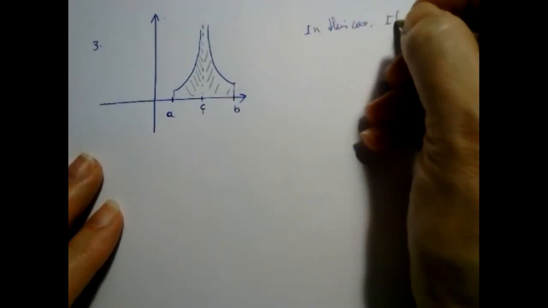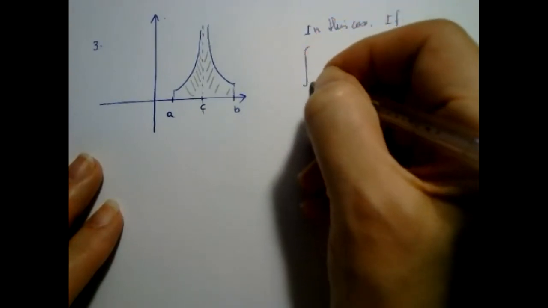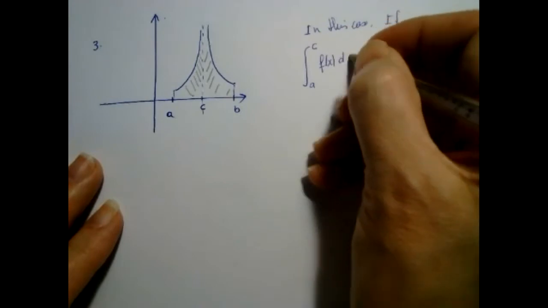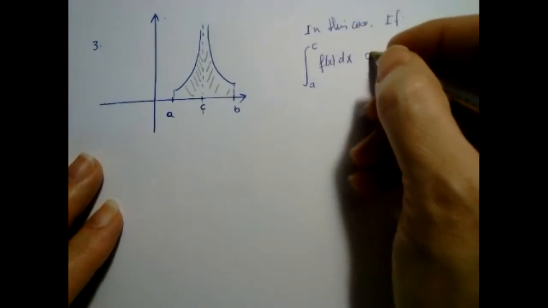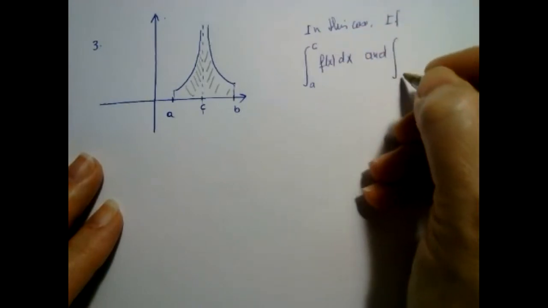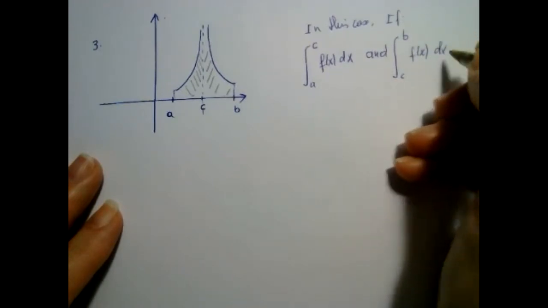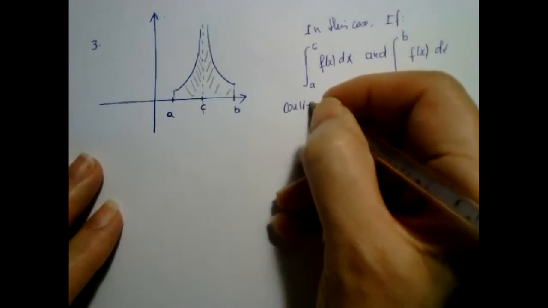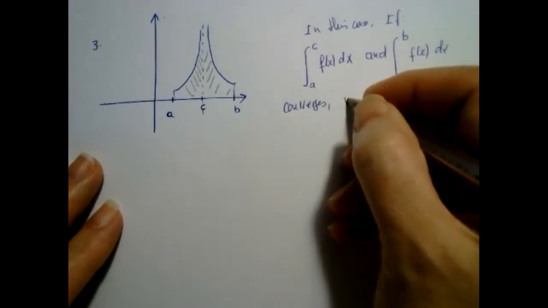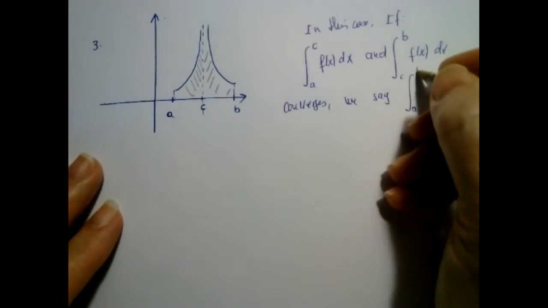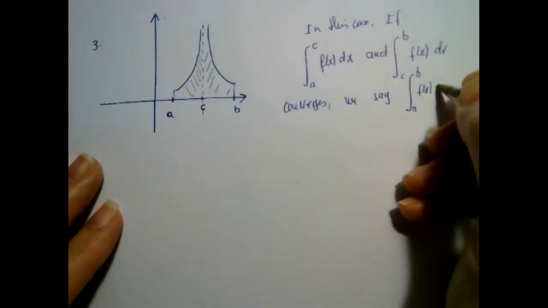In this case, if the improper integral from a to c of f of x dx and the separate integral from c to b both converge, then we say that the integral from a to b converges.